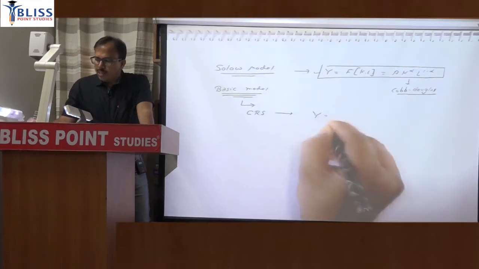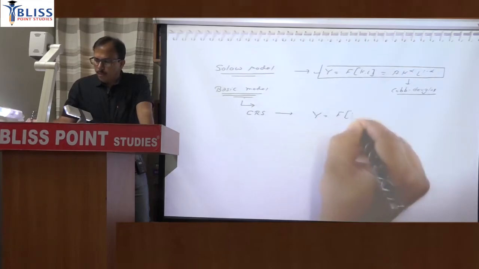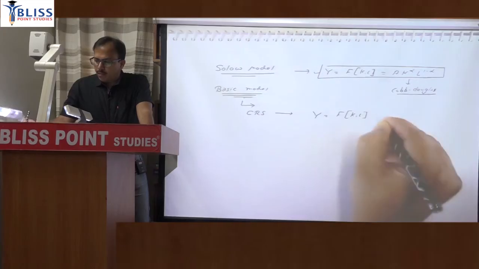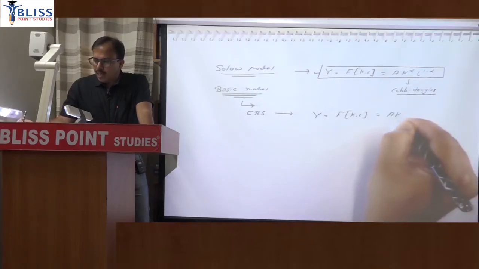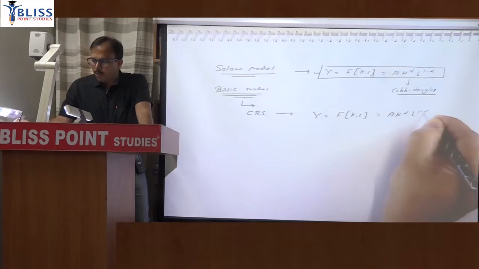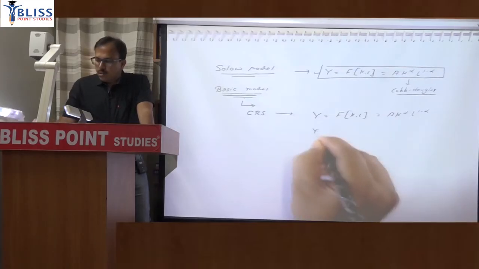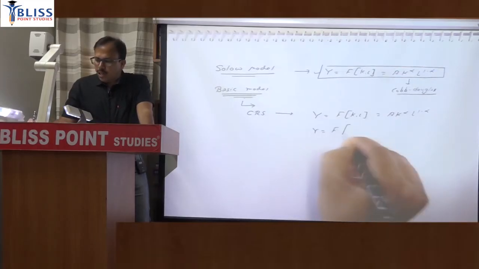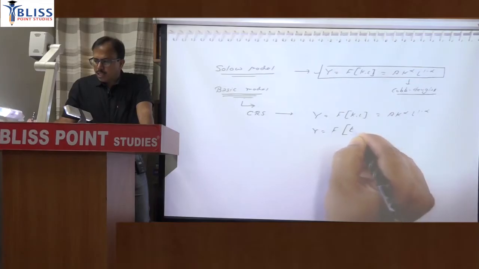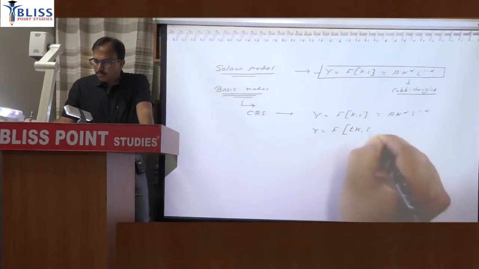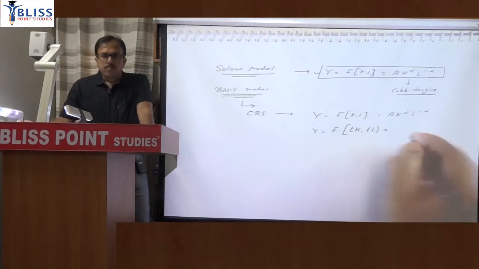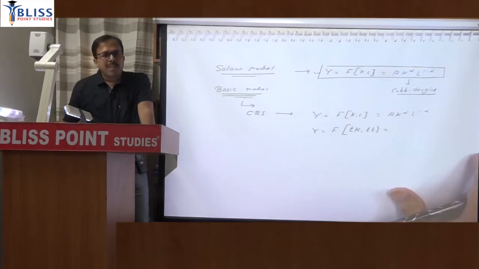So if y is a function of capital and labor, and you are expressing it as capital to the power alpha, labor to the power 1 minus alpha, and capital and labor are both changed by t times, then output will also increase by t times.